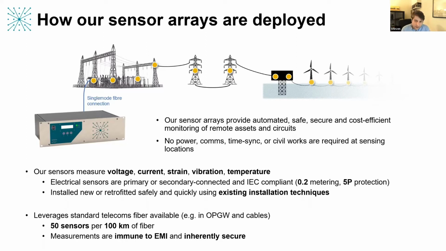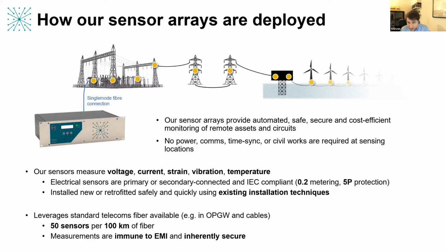As I said, we use a unique method to interrogate these sensor points using only light, and we can support voltage, current, strain, vibration, and temperature measurements, all integrated into the same system. Normally, this allows us to deploy 50 point sensors using a single fiber, and that can reach over 100 kilometers of distance, usually. Depending on the quality of the fiber, it may be possible to extend that.